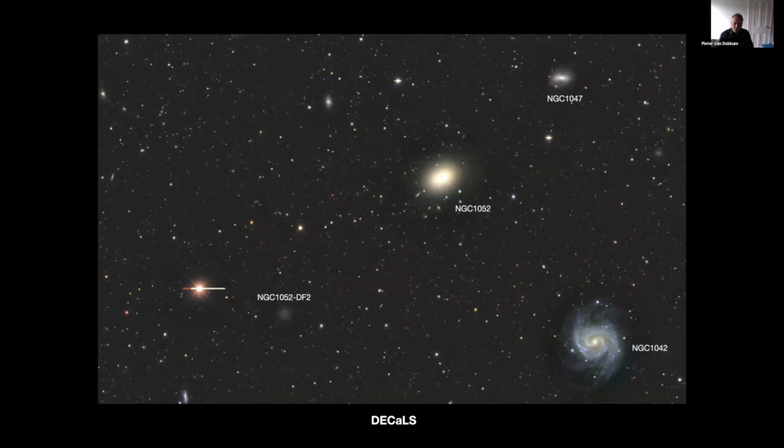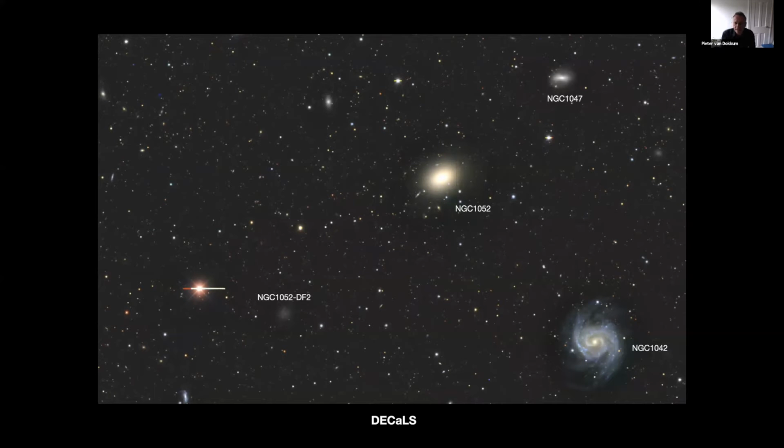This region is nice because it has an elliptical galaxy, NGC 1052, a spiral galaxy, NGC 1042, and then this galaxy 1052 DF2, that's this object without dark matter, giving away part of the punchline, but Diderik did that anyway, so I think that's okay. And so you can see a low surface brightness galaxy, an elliptical galaxy, and a spiral galaxy here. And this image is from DECaLS. Okay, so public 4-meter data, very good quality from CTIO.